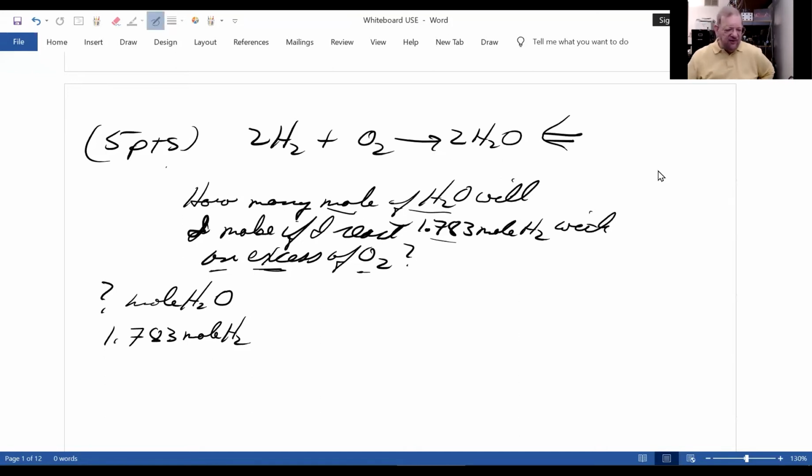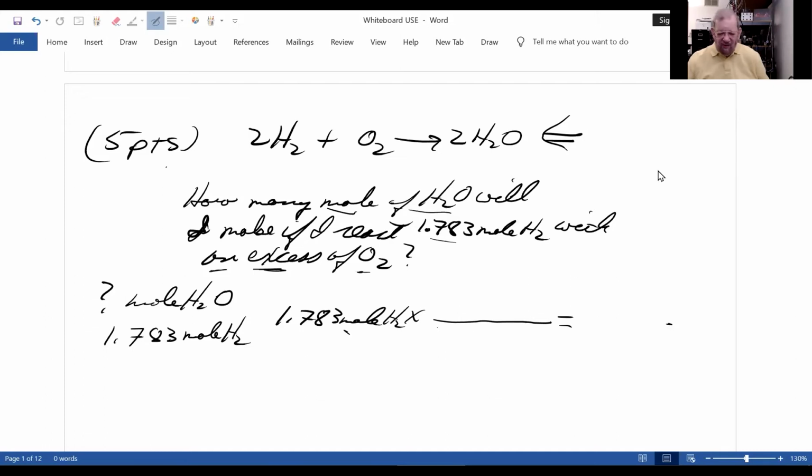So now it's time to use our good buddy, our good friend, unit analysis. If I had this and I had some ratio, I can multiply my number 1.783 moles of hydrogen.